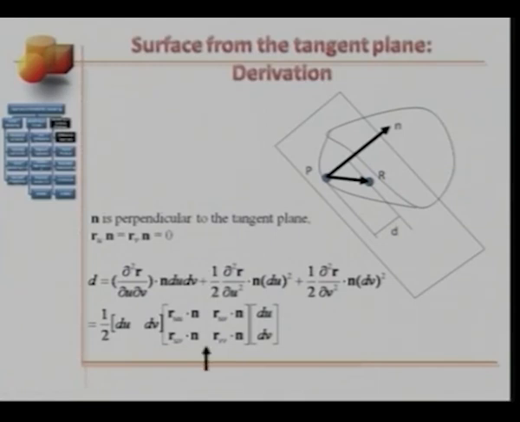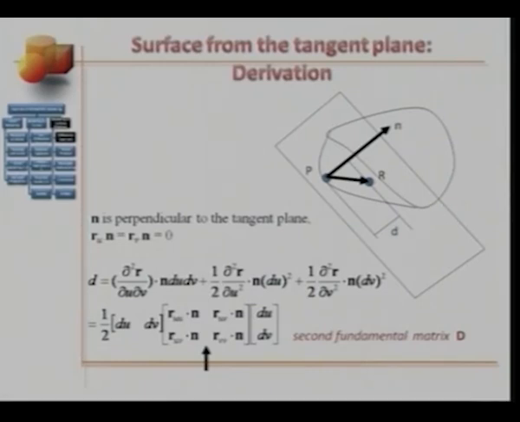This matrix here has a name. It is called the second fundamental matrix and is represented by bold D. This matrix allows us to classify points on the surface patch.